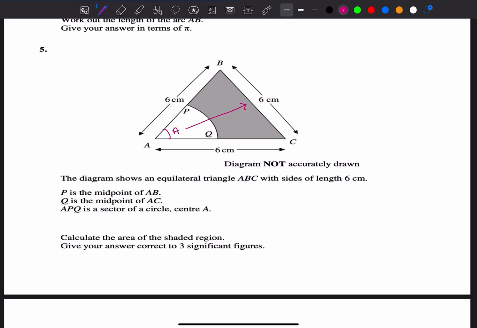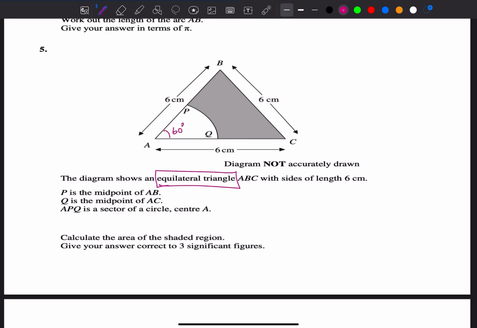So that is A, and these could be your sides B and C. Angle A is equal to cos inverse of B squared plus C squared, so 6 squared plus 6 squared minus 6 squared, over 2. You don't need that. It's an equilateral triangle. I just didn't read that part. My bad. There you go, you don't need the cosine rule. It's just 60 degrees then.